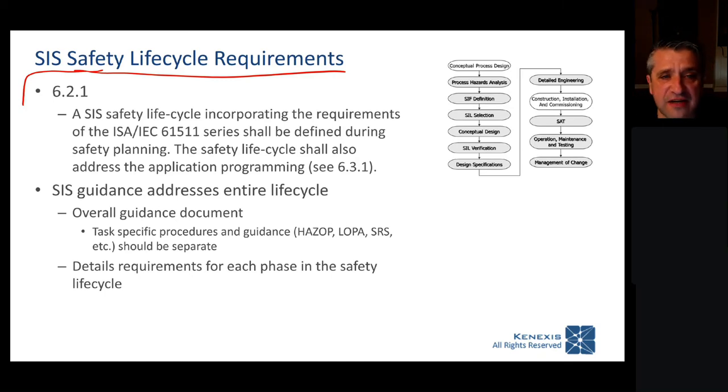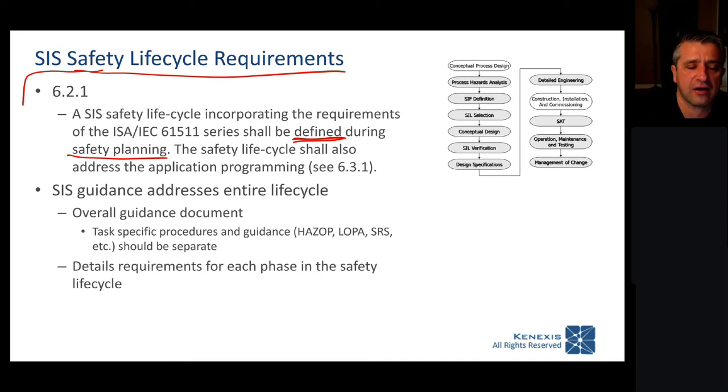So the SIS safety life cycle incorporates the requirements of the standard, and it needs to be defined during safety planning. And what is safety planning? It's going to be the development of that site standard, that corporate standard that explains how safety instrumented systems are executed in any particular organization.